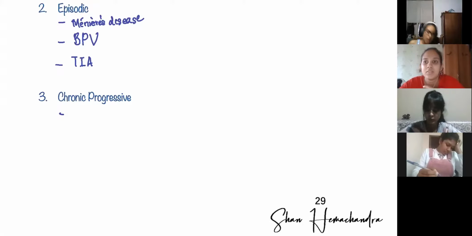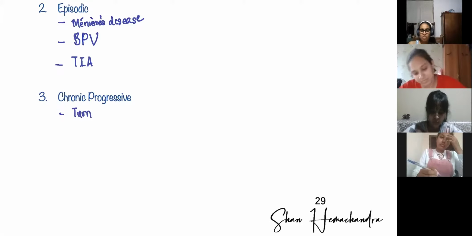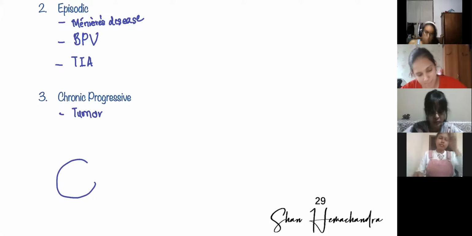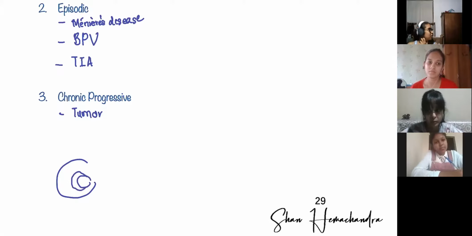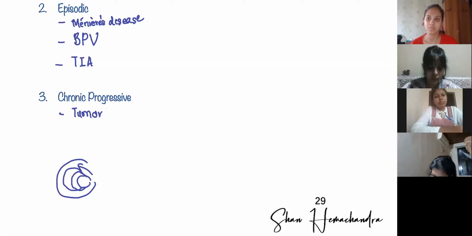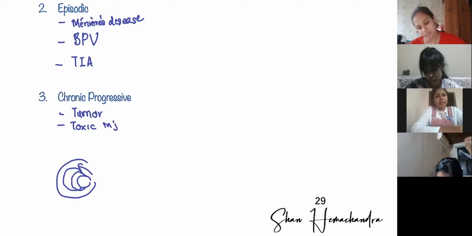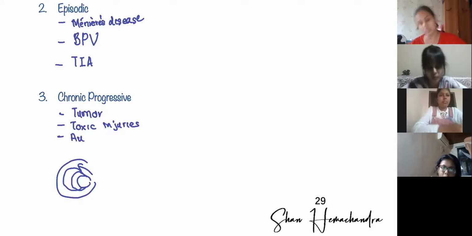Is it a tumor? Yes, exactly, tumor. Remember, if this is the cerebellum, a tumor will not come suddenly, unless it's a metastatic tumor, but even then, that is not a problem here. A tumor grows slowly, 1 month, 1 year, 5 years. It takes a long time. It could also be toxic injuries, or autoimmune.